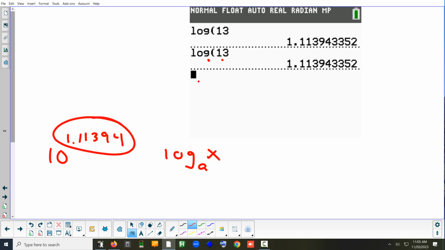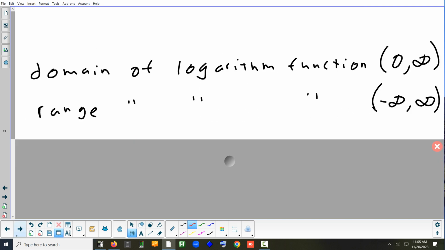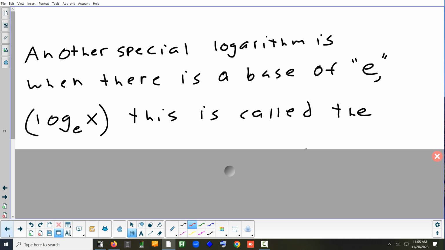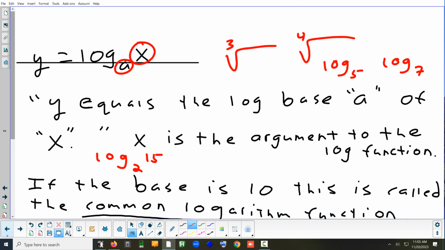In that form, it would look like log base 10 of 13. No, like if you plugged in everything, how would log base A of X look? I think I'll answer your question in a minute. We're going to talk about how you can change between log form and exponential form, and I think that'll answer your question.